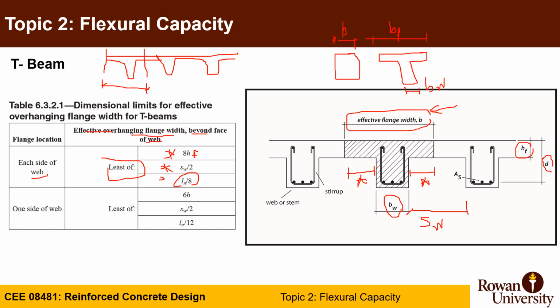So to calculate that, you will have to get B equal the least of 3 values. The first one will be 16 HF, because we have 8 from the side and 8 from the side plus BW.